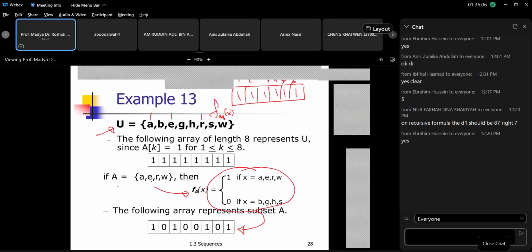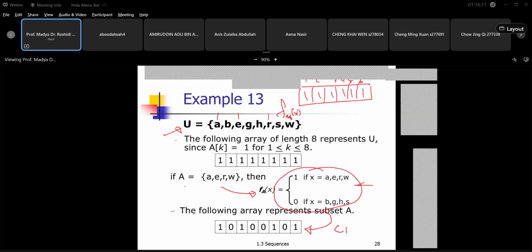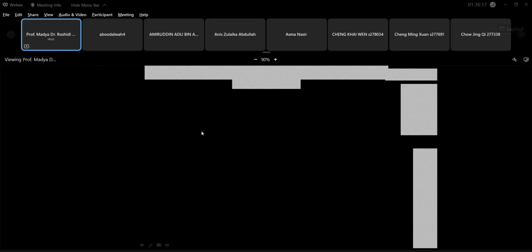So from the function we represent the computer representation. That's the idea for example 13.